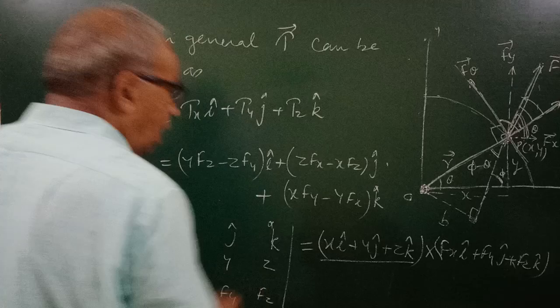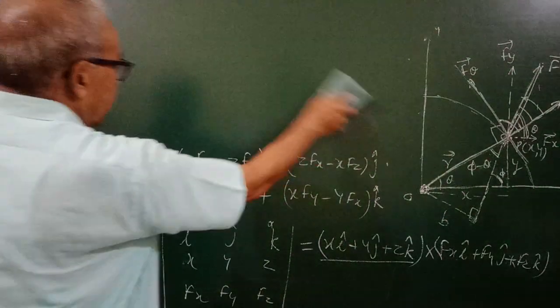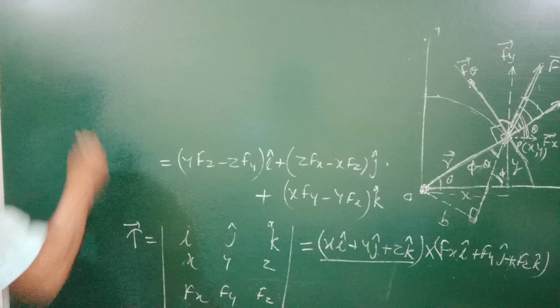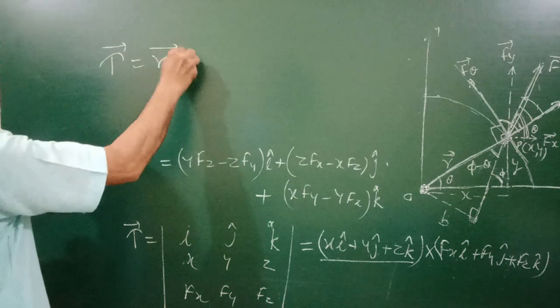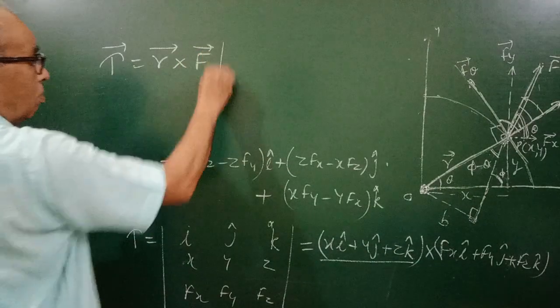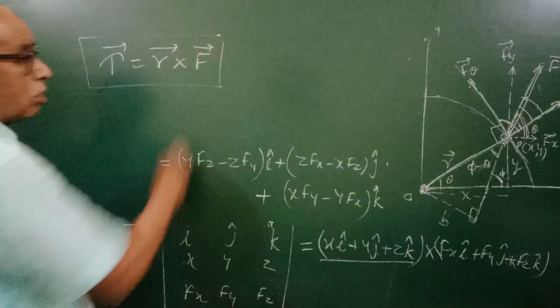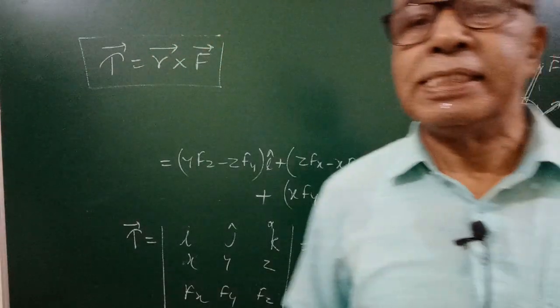This is position vector R. And therefore vector tau equals R cross F. What is R? Position vector of the point P where force acts on the body.